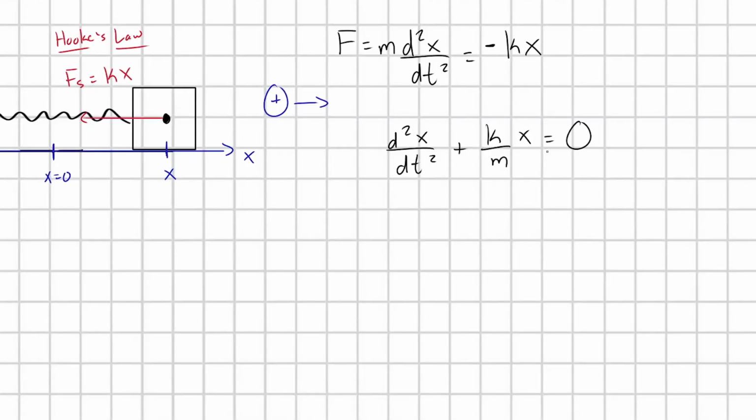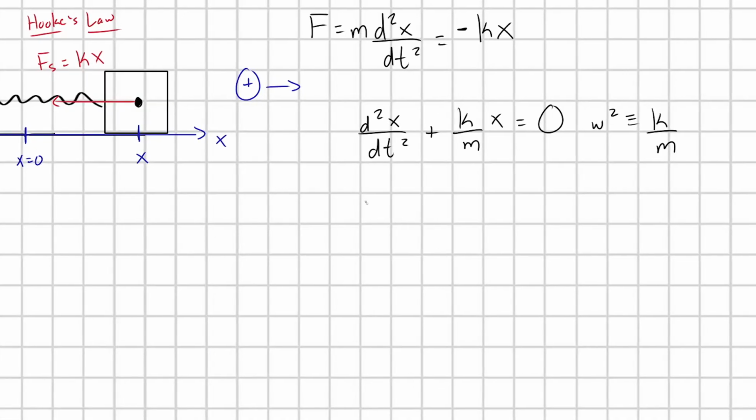And now, very quickly, just take my word for this. It's useful to define a quantity omega squared. We're going to define omega squared as k over m. And so again, we can write out this equation as d squared x dt squared plus omega squared x equals 0.